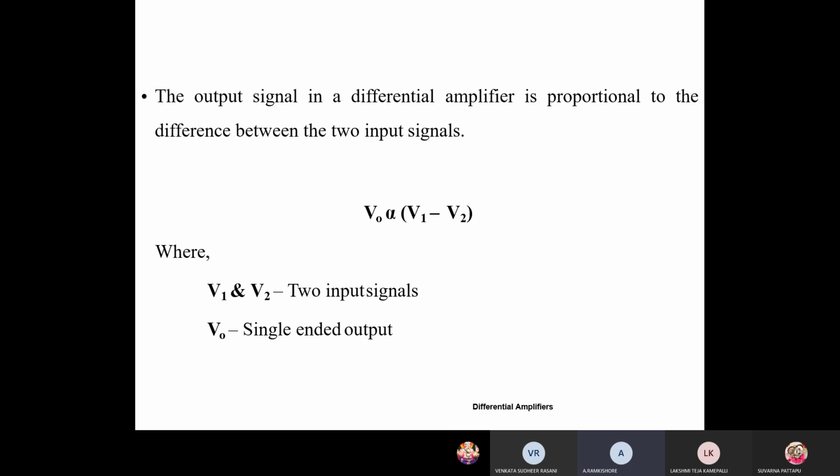The output signal in a differential amplifier is proportional to the difference between the two input signals, so V0 is proportional to V1 minus V2, where V1 and V2 are the two input signals and V0 is a single-ended output.